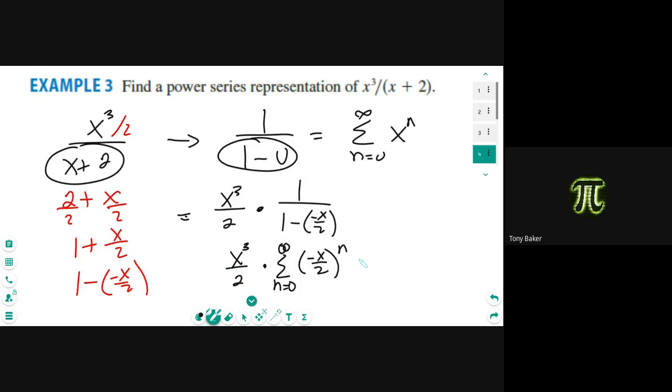But now I want to put everything together so it's all inside the series. It's one thing, so we can bring this inside.